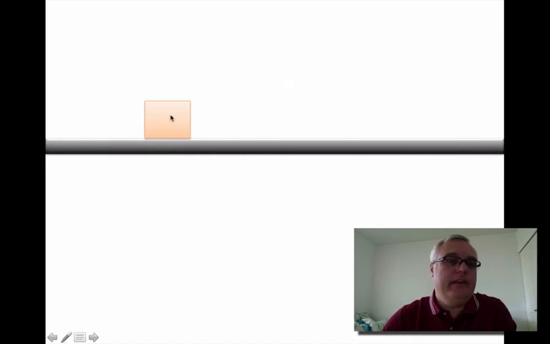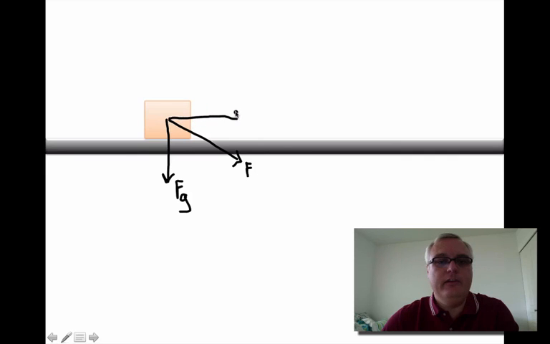Now, because the amount of friction depends on the normal force, if we do anything to change the normal force, so for example, if instead of the block just resting on the surface by itself, I exert a force downwards in this direction, this force has two components, a component in this direction and a component downwards. So I'm going to label these Fx, obviously, and Fy. This y component is actually increasing the normal force.